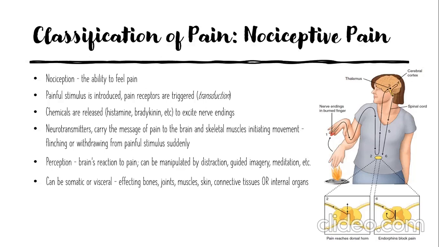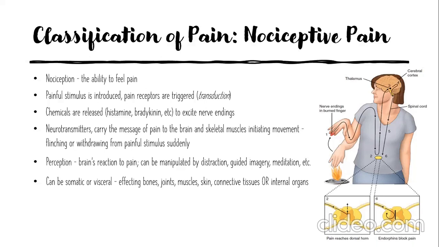We will go into more depth on that next week. But basically, the triggering is what's called transduction. And then these chemicals are released, including histamine, bradykinin, prostaglandins.